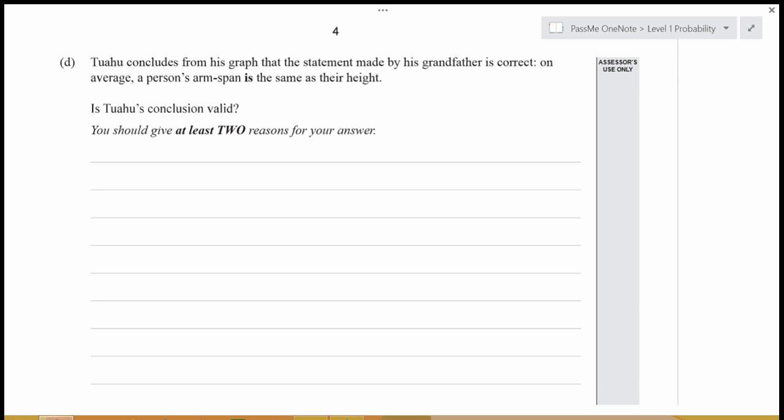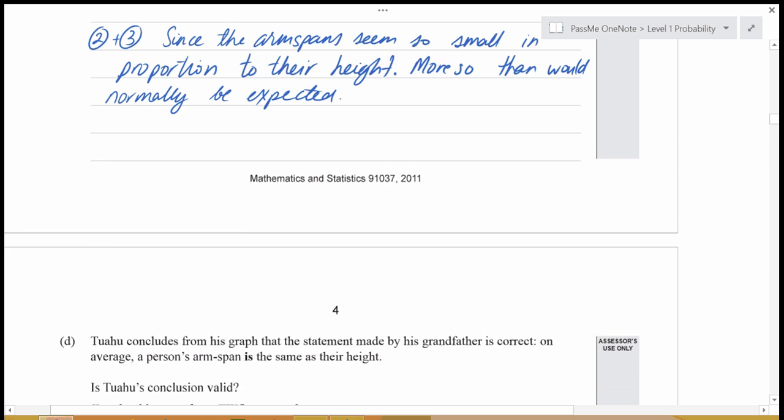So I'm going to choose yes here. So I'll just state that so that I know where I'm going, and then I'm going to think about why I think it's yes.